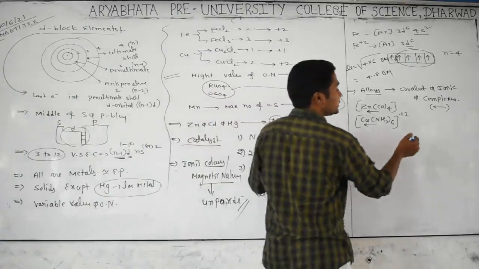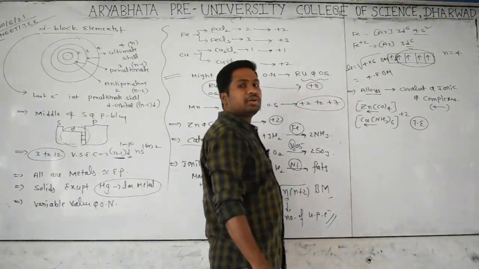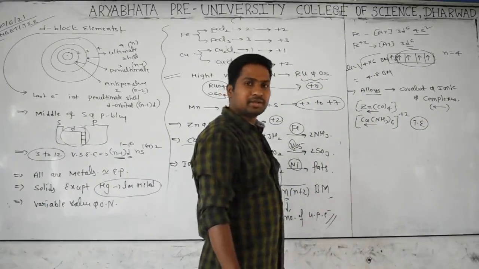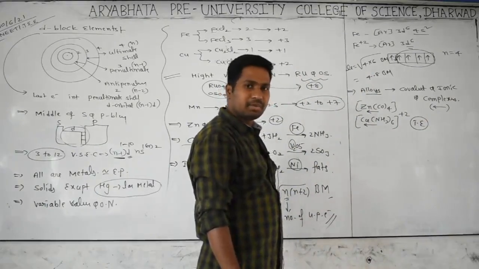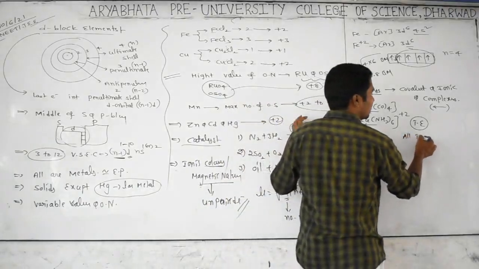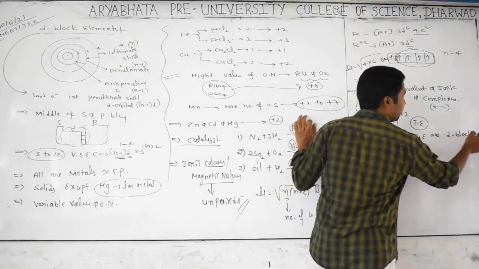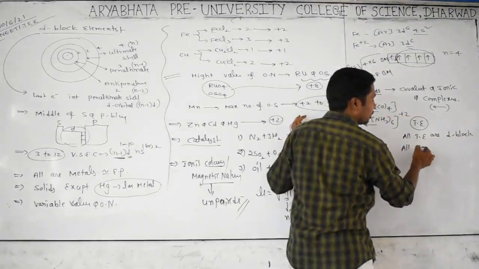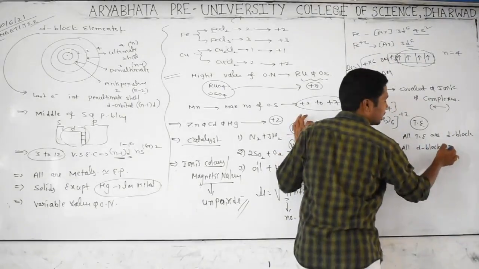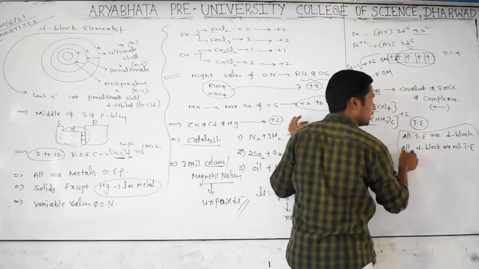And here we are discussing the transition elements. Sir, what is the meaning of transition element? Is it all d block elements or transition elements? No. All transition elements are d block elements, but all d block elements are not transition elements. Sir, what is the difference?